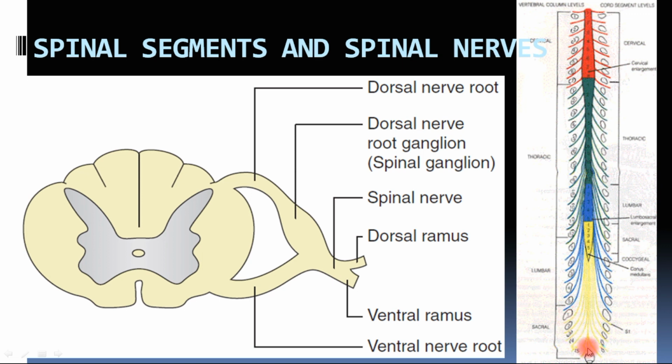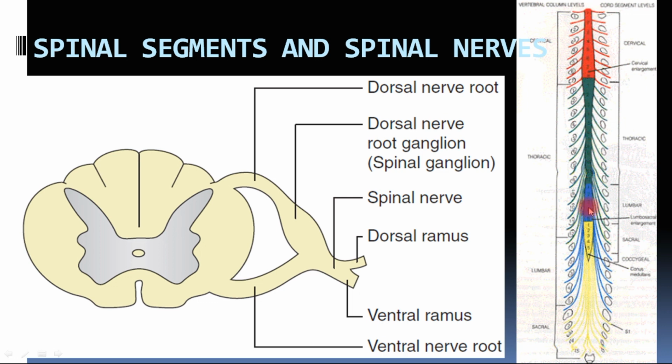As you can see, the sacral and the coccygeal vertebrae are way below the end of the spinal cord. The spinal cord is ending at the lower margin of the L1 vertebra itself.